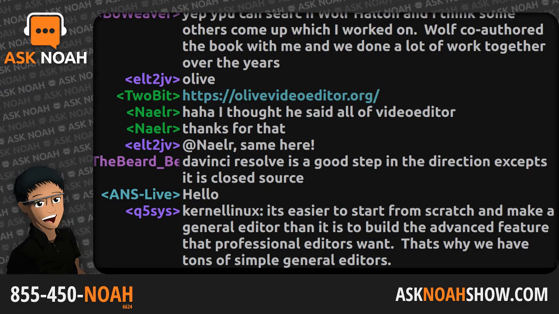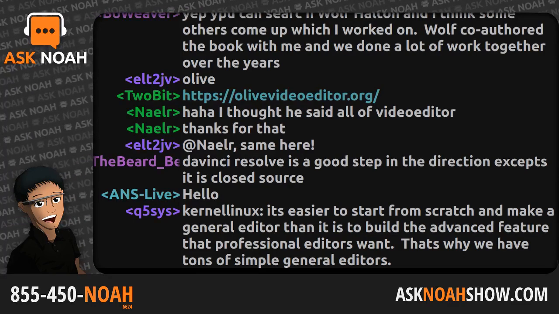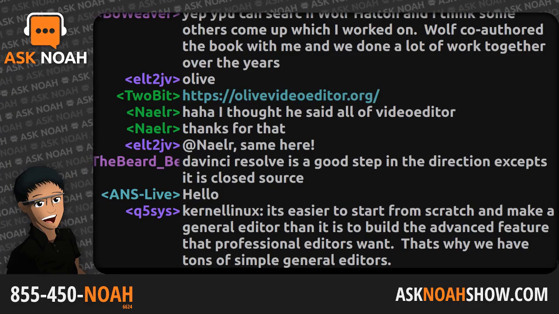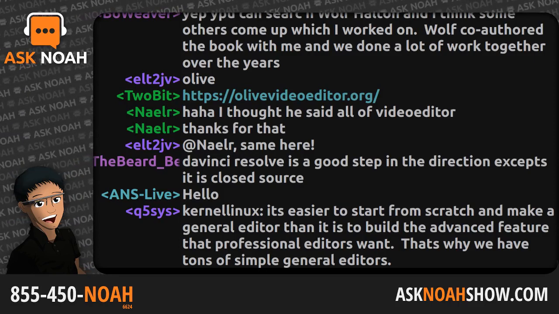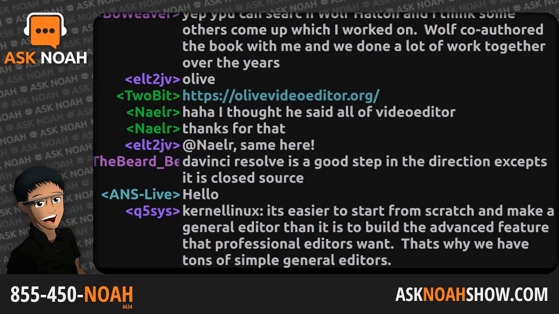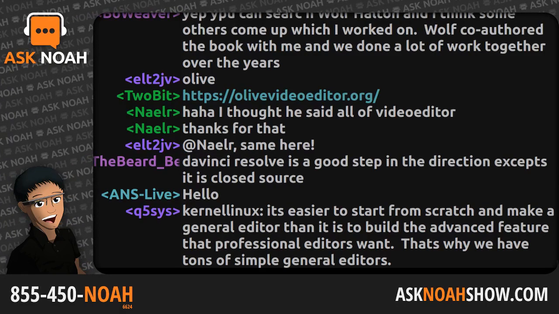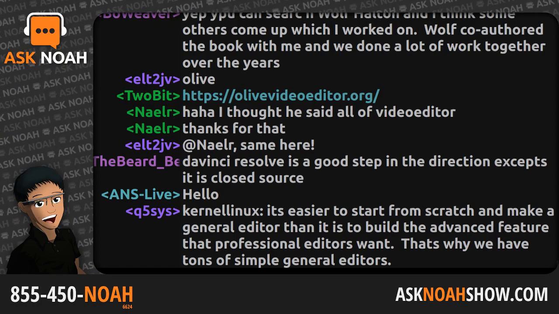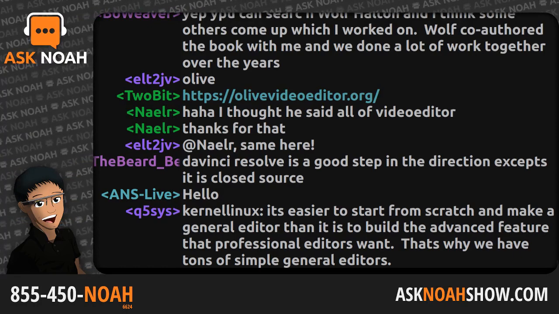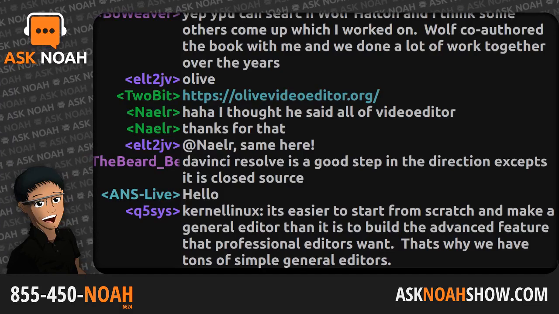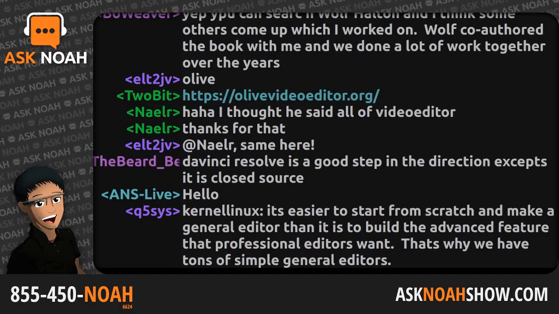But there are some basic features, like the ability to do proxies, which don't exist inside of Olive. Thumbnails for video clips. Any professional that is going to edit a video is going to expect things like thumbnails to exist. And if they don't, they're going to have a really hard time using it. In fact, flat out, they're probably not going to use it.